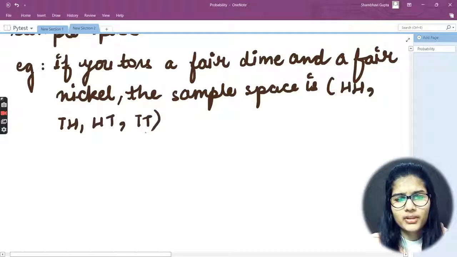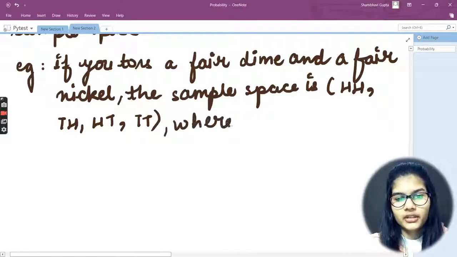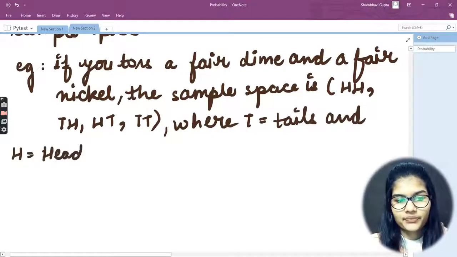This is the sample space if you toss the coins, the sample space which occurs if you toss two coins simultaneously. Here T is equal to tails and H is equal to heads.